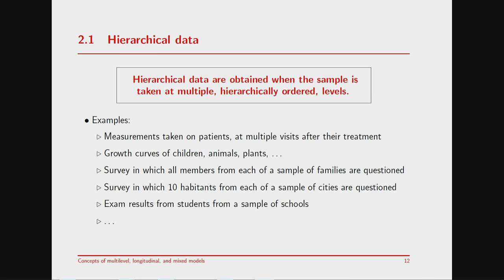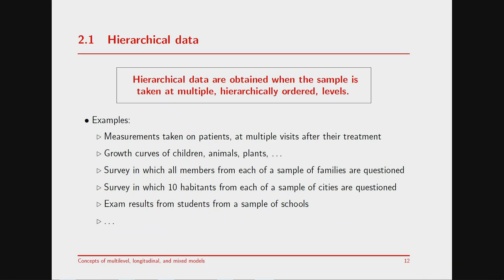Here, the clusters would be the families, and within each family, you then question all the family members. You see that these clusters do not necessarily need to be all of the same size. You can have families of 2 people, families of a single person, families of 6 people, and even more. So clusters can have different sizes. So you can have very unbalanced data structures.